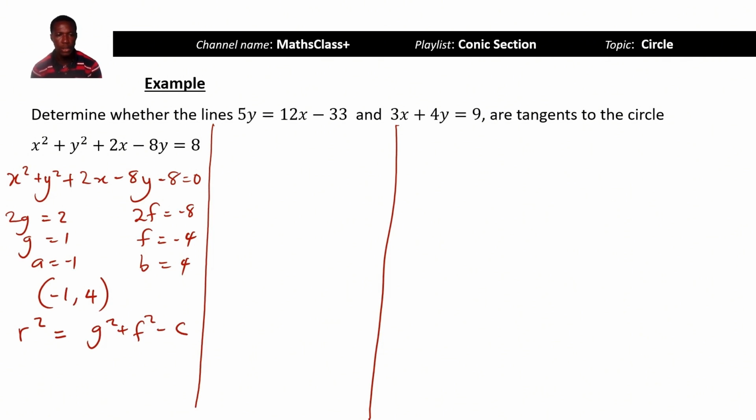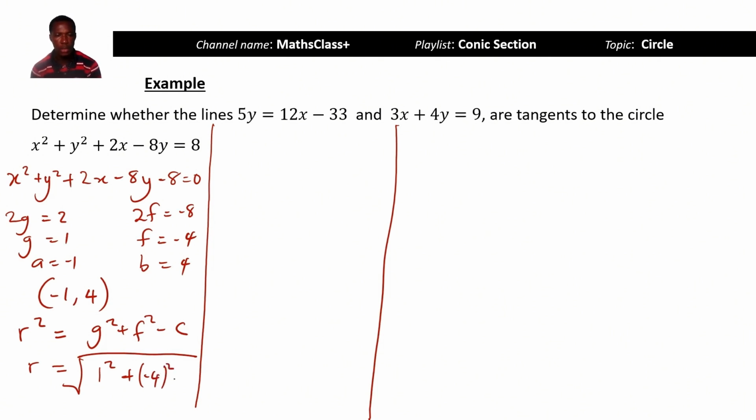Thus, the radius is equal to the square root of j squared here, which will be 1 squared, plus f squared, which is minus 4 squared, minus c.